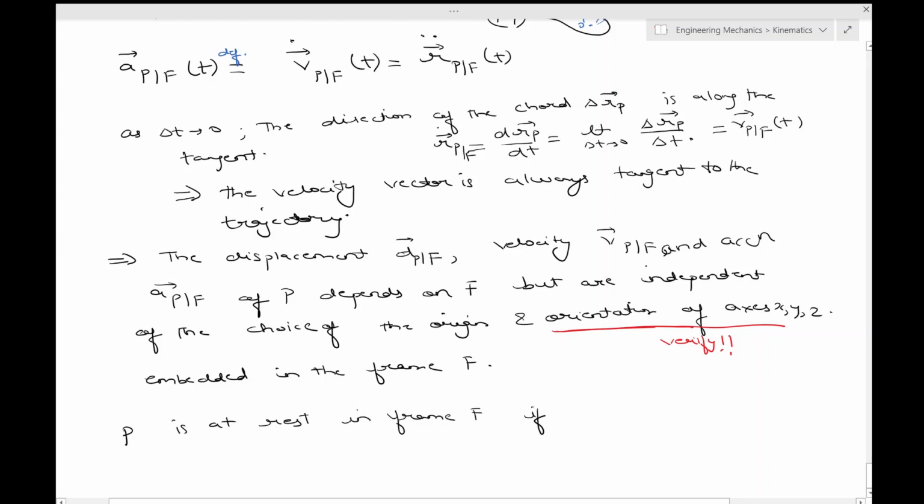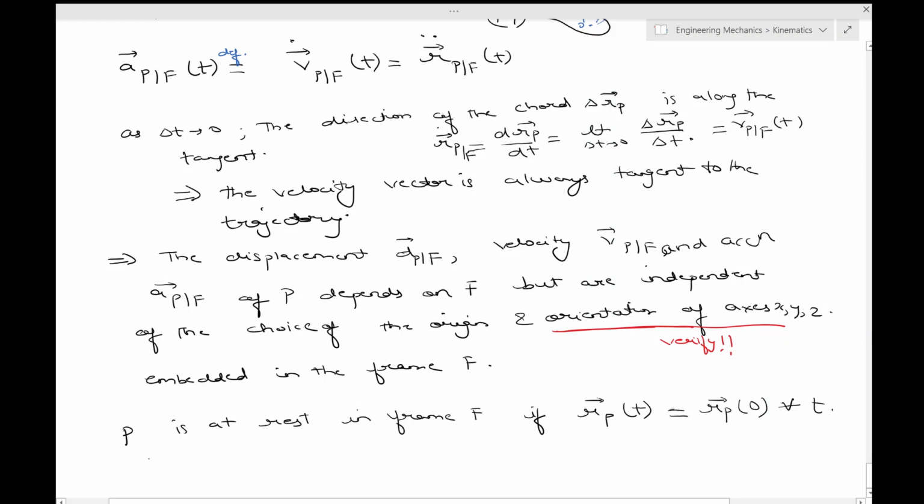It's not an option, it's a necessity, since all these definitions of displacement, velocity and acceleration are with respect to a particular frame.